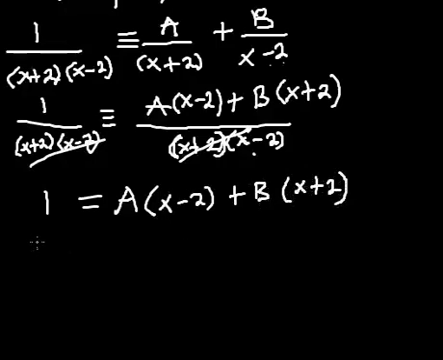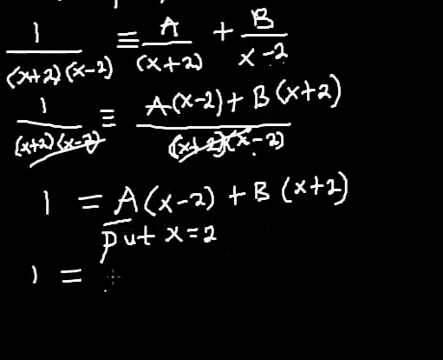I will use the elimination method. If I want to eliminate A, I put x equal to 2, so that this bracket will be eliminated. So 1 is equal to 2 minus 0, so A is eliminated, and here I have 2 plus 2, which is 4, so I'm having 4B. So that makes B equal to 1 all over 4.